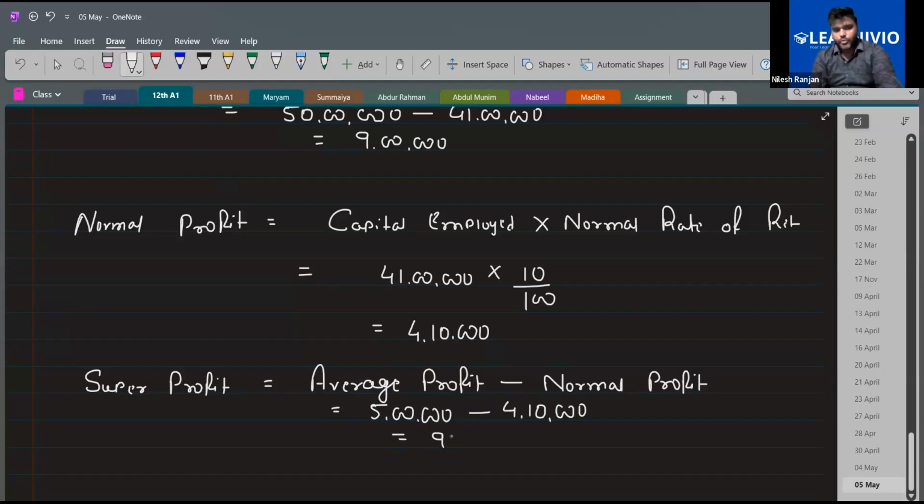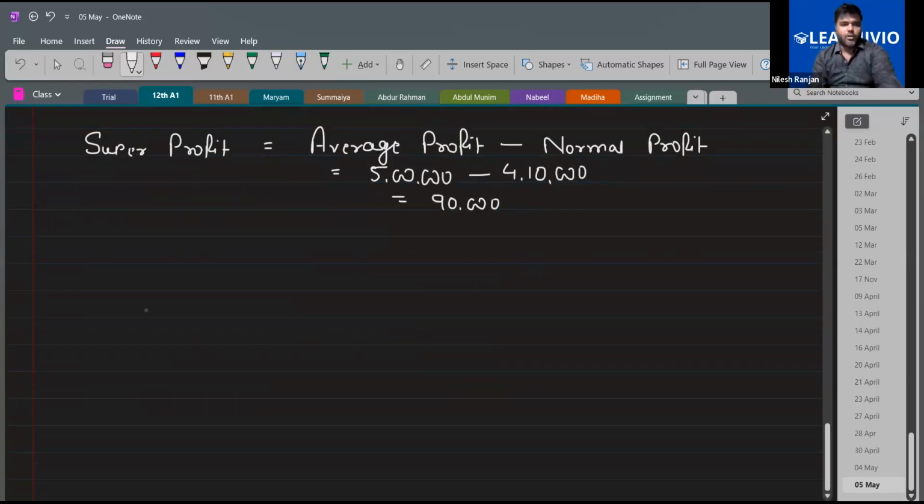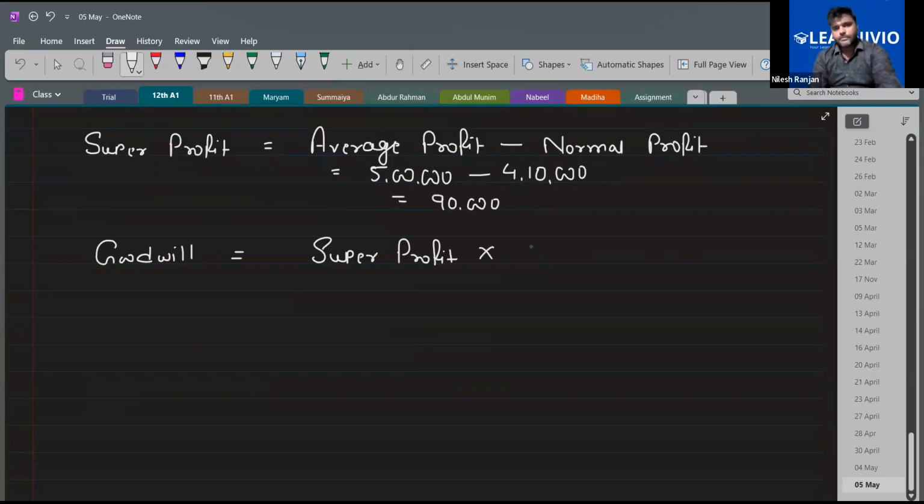So super profit is 90,000. Now the formula of goodwill in case of capitalization of super profit is super profit divided by normal rate of return. 90,000 divided by 10 into 100 is 9 lakhs. So in both of these methods, your answer is the same.